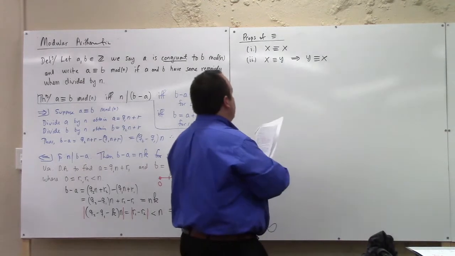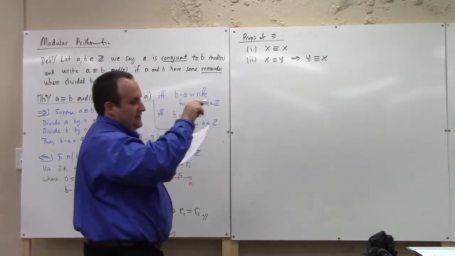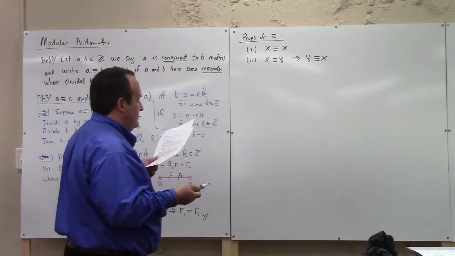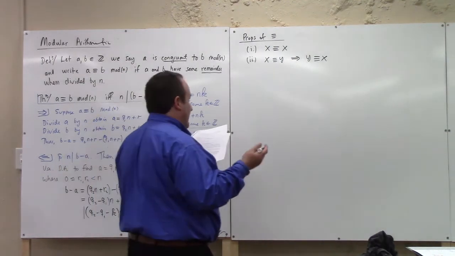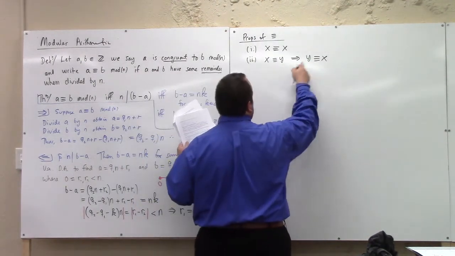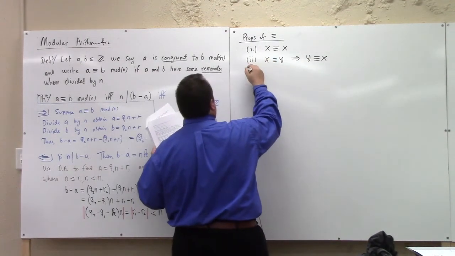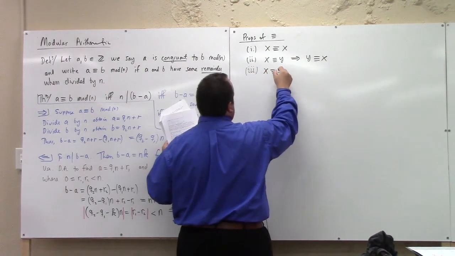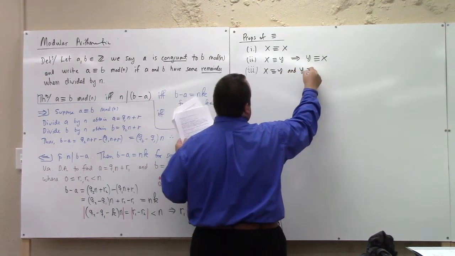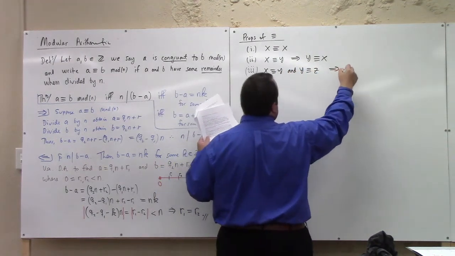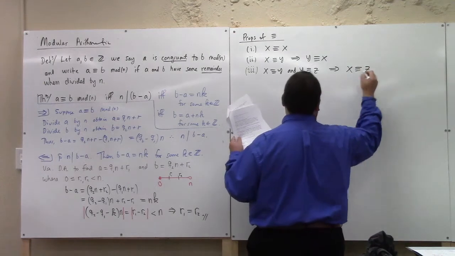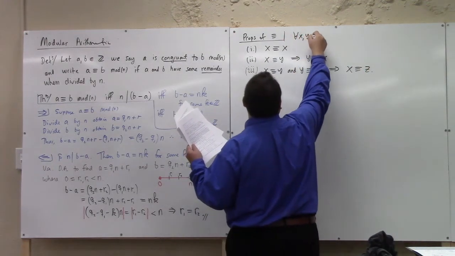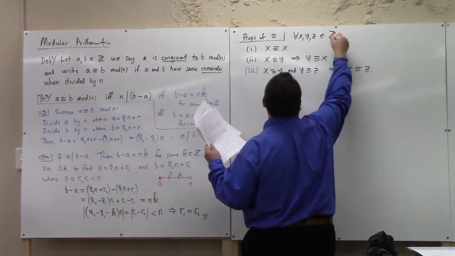So our custom in here is you can write at the top of a paragraph, this calculation is done mod n, and then, well, anyway, more about notation as we go on here. But x congruent to y implies y congruent to x. And property 3, x congruent to y and y congruent to z implies x congruent to z, right? And this is for all x, y, and z in the integers, right?